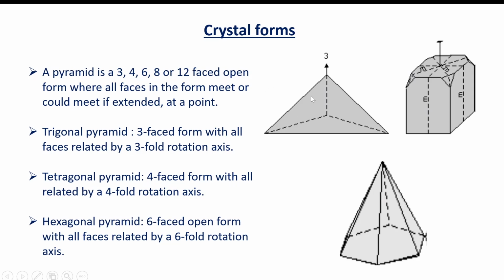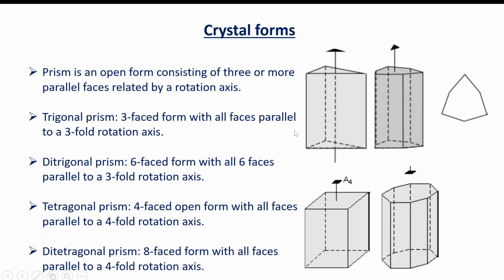So, like I was mentioning, you have your prism faces. There are different forms, trigonal prism, ditrigonal prism, depending on the number of faces you are dealing with, also depending on the rotation axis. Now, if I am dealing with a prism face, the main characteristic element of symmetry for these prism faces would be the axis of rotation.